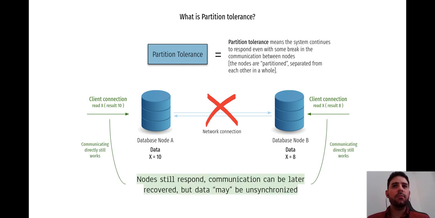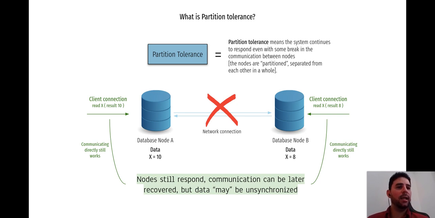So let's see this image here. In the partition, for example, the network connection just breaks. The nodes are still responding. The client connections can be made to each of the nodes in this example. Communication can still be recovered later, of course, between the nodes.